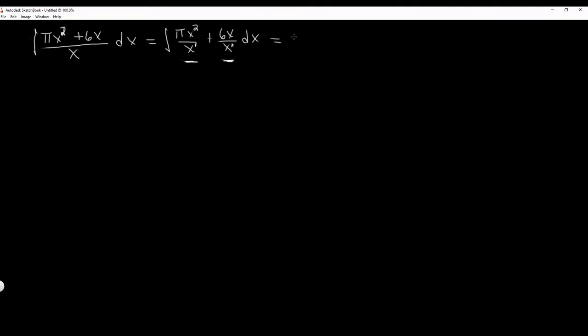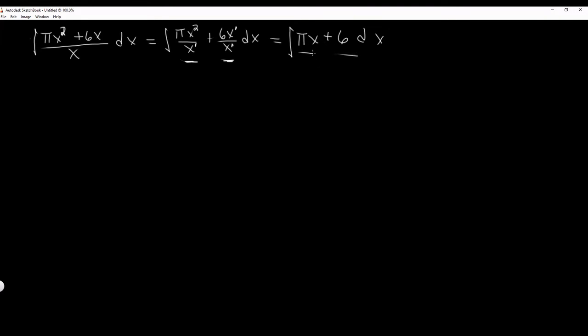When we simplify this, it's going to be the integral of pi x, because x to the 1st minus x squared is x to the first, and then x to the first minus x to the first is x to the 0, which is 1, so 6 times 1 is 6. So this is going to be pi x plus 6 dx. From here, we just do each one separately.